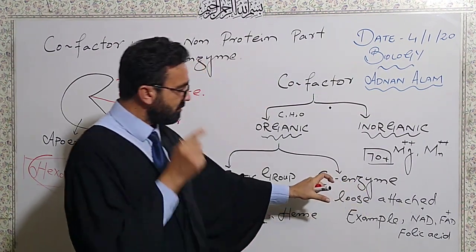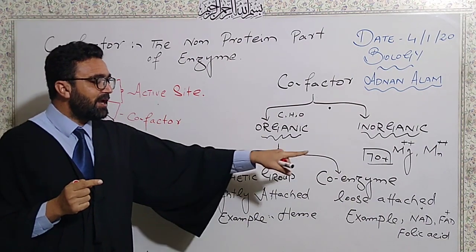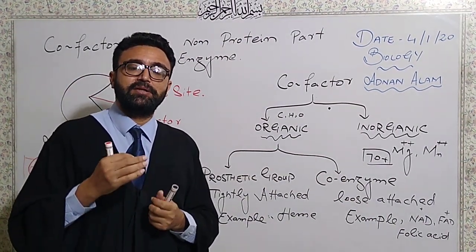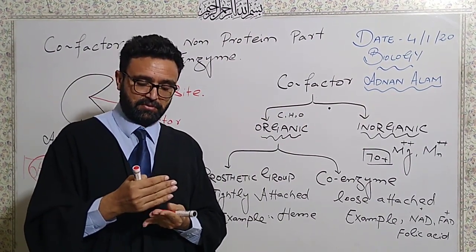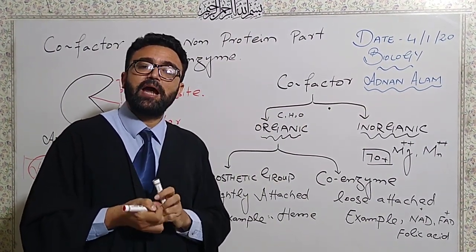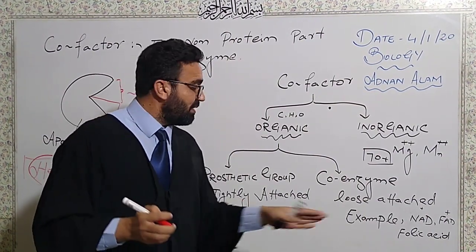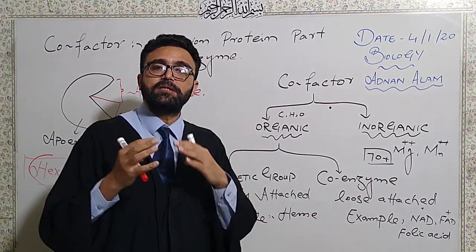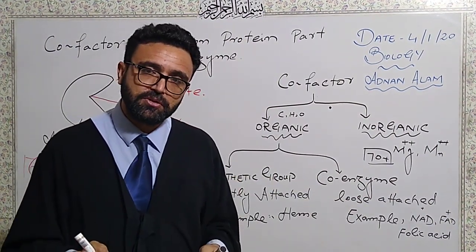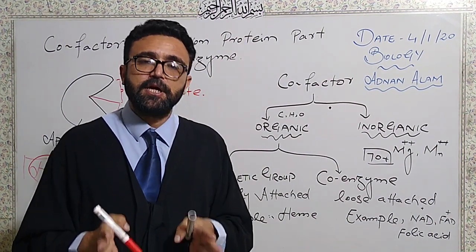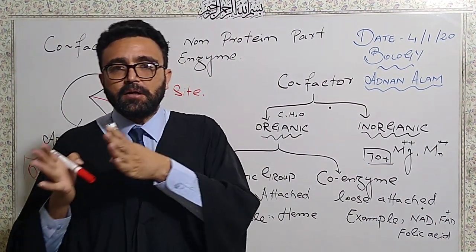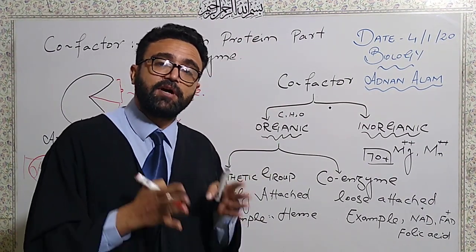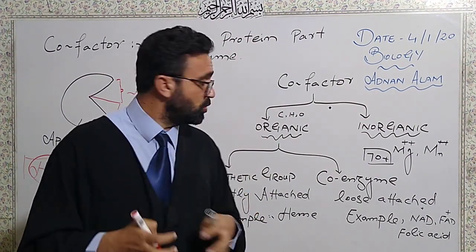Dear students, NAD and FAD perform their function as they accept electrons, and they are popular electron carriers in the cellular respiration process: in glycolysis, in the Krebs cycle, in the electron transport chain.